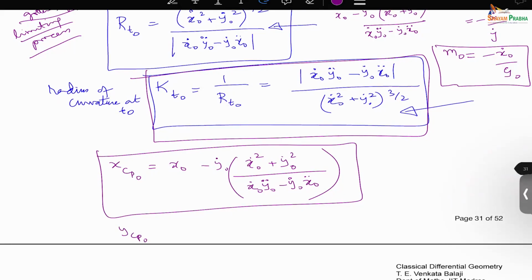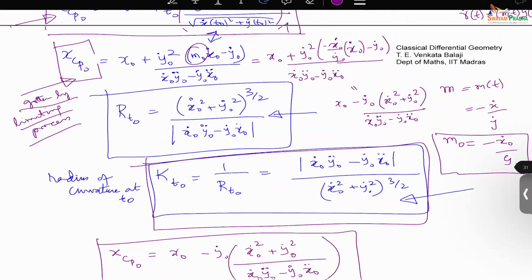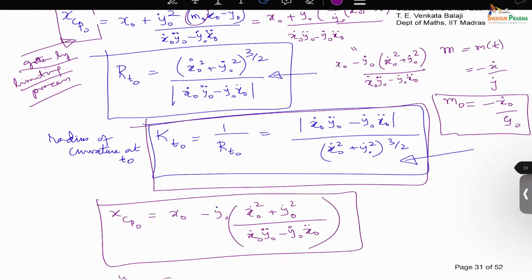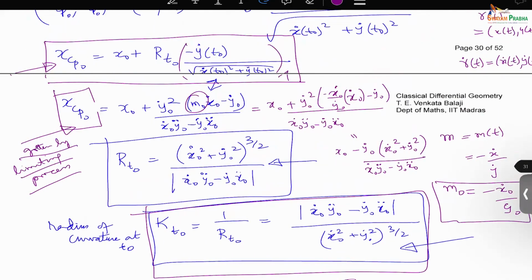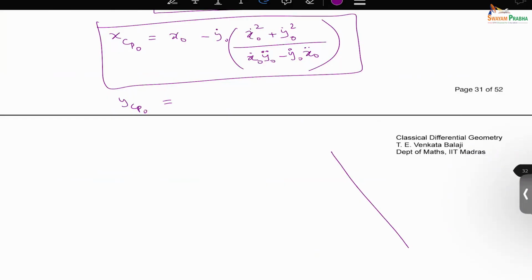What will happen to the y Cp naught is something one has to compute, and I think I can compute it by plugging into one of the equations. So let's write it out. You have this normal. This is the circle of curvature at P naught.